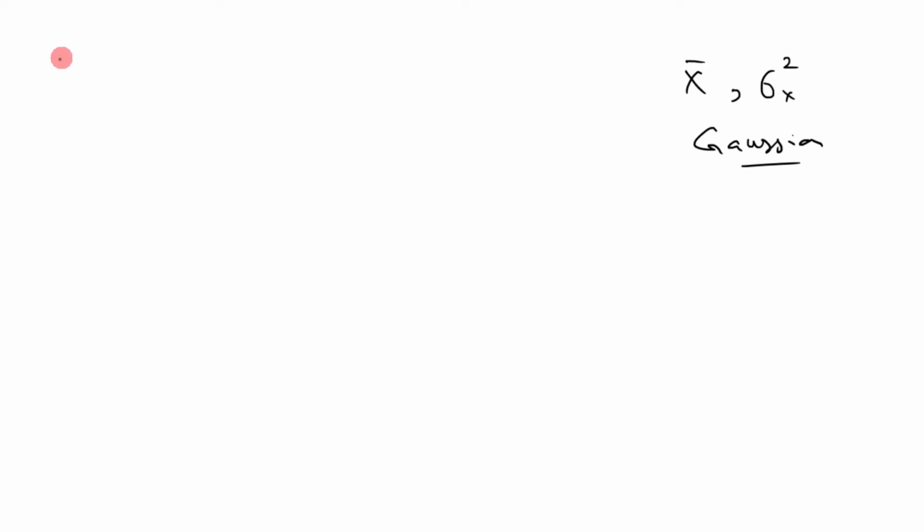So if we use the Chebyshev inequality, then the probability of the magnitude of x minus x bar greater than 2 times the sigma x will be equal to sigma x square over k square.